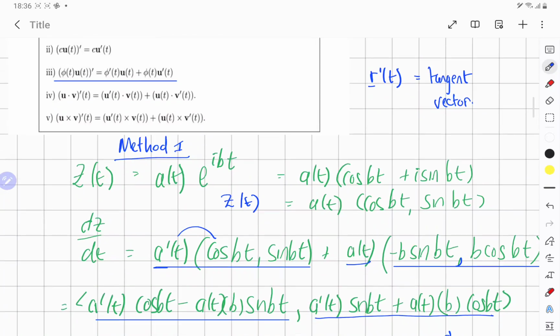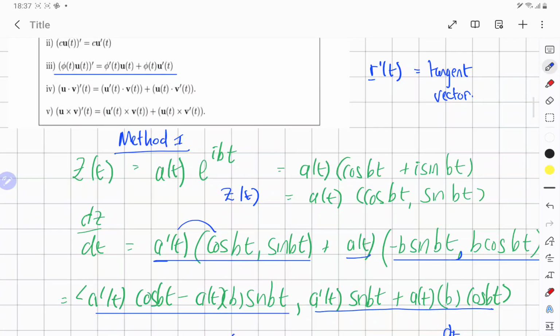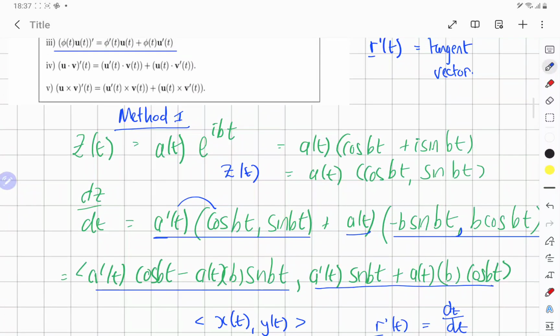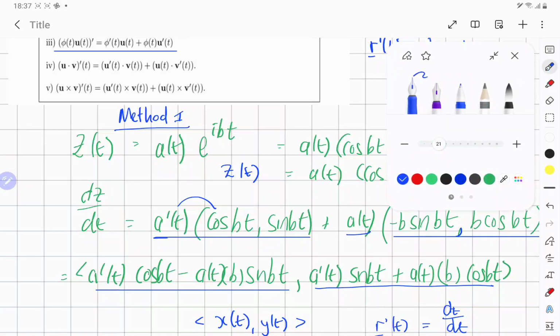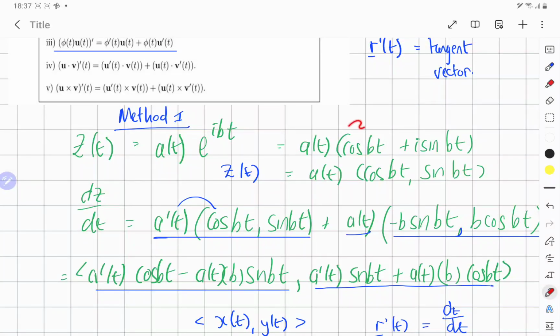I'm going to show you method 1, and then I'm going to show you method 2, and then you can decide which one you prefer to do in tests and exam. Method 1, what you will do, you will first change, as you can see here, your e to the i bt to cos bt plus i sin bt.